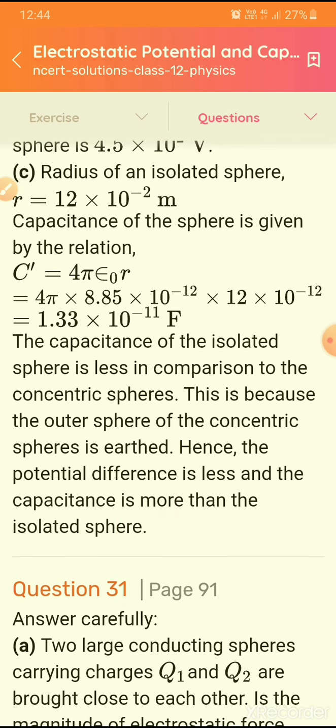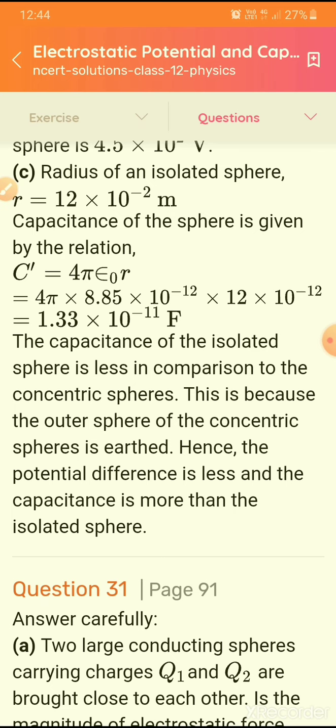Radius r is equal to 12 into 10 to the power of minus 2 meter, and the capacitance is C dash is equal to 4 pi epsilon naught r. Substituting 4 into pi into epsilon naught, 8.85 into 10 to the power of minus 12, and r as 12 into 10 to the power of minus 2, we get the final answer as 1.33 into 10 to the power of minus 11 farad.